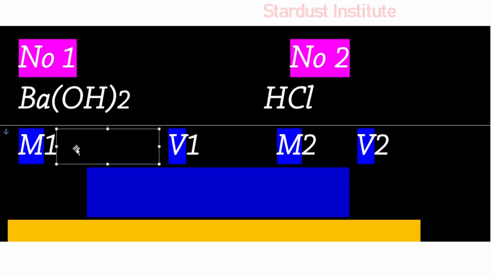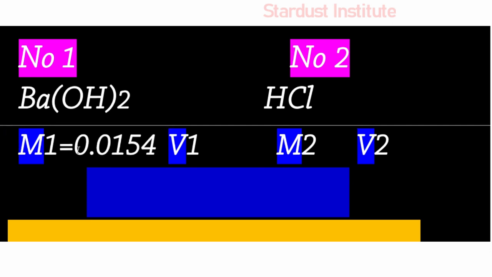M1, we know 0.0154. It has been given in the problem. V1, 26 milliliters. It has been given. M2, we don't know. We have to find it. V2, we know 18.6 milliliters.